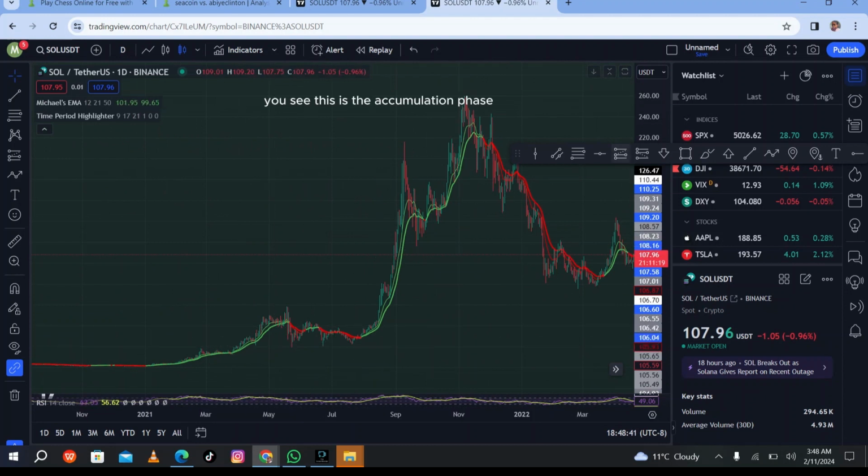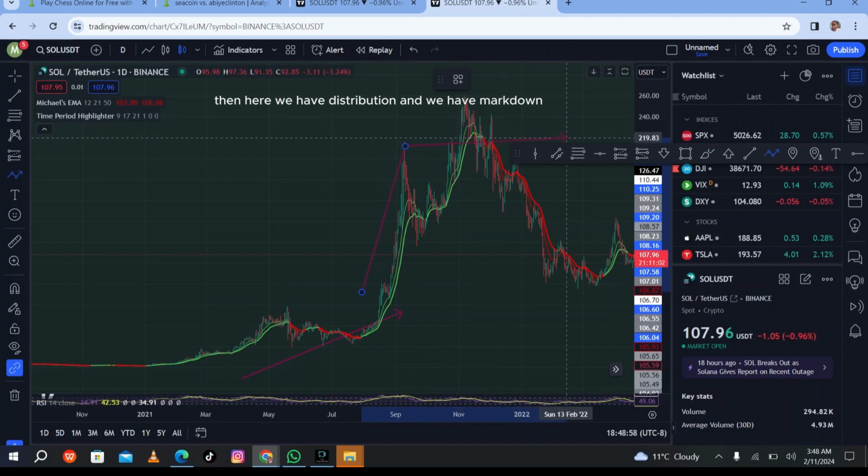You see, this is the accumulation phase. This phase from here to here is the accumulation phase. This is the markup phase. Then here we have distribution and we have markdown.